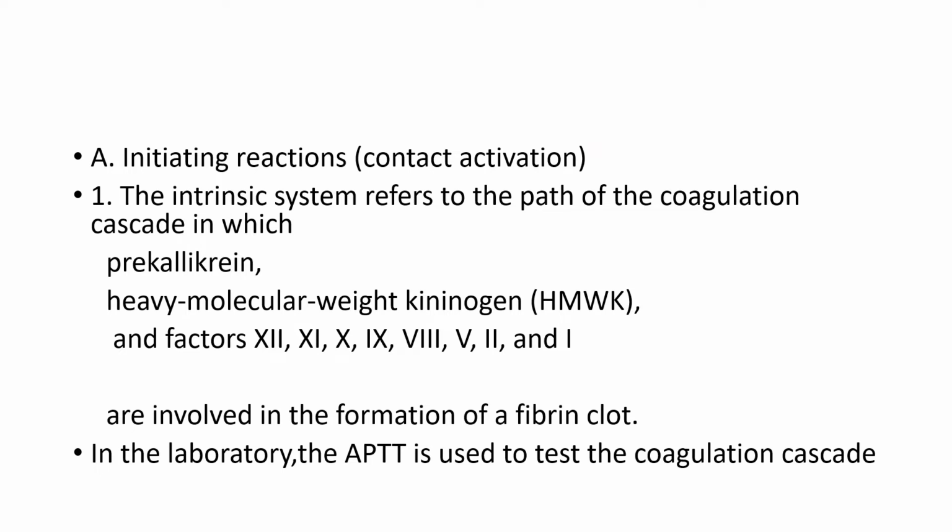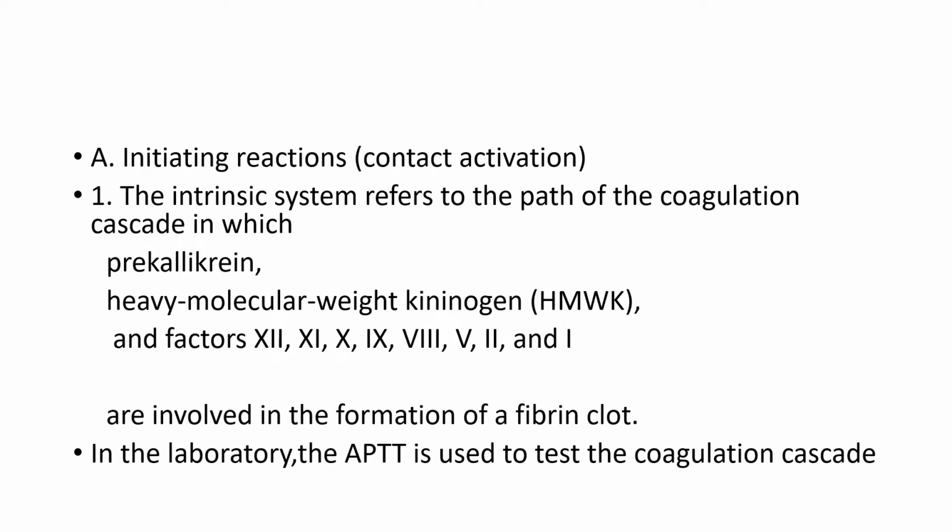Coagulation is a form of a cascade, so that means once it starts, it will stop only when it reaches the end or when there are inhibitors that stop the process. When we say intrinsic system, so there are two systems, intrinsic and extrinsic. The intrinsic system involves the substances prekallikrein, HMWK, and factors 12, 11, 10, 9, 8, 5, 2, and 1.